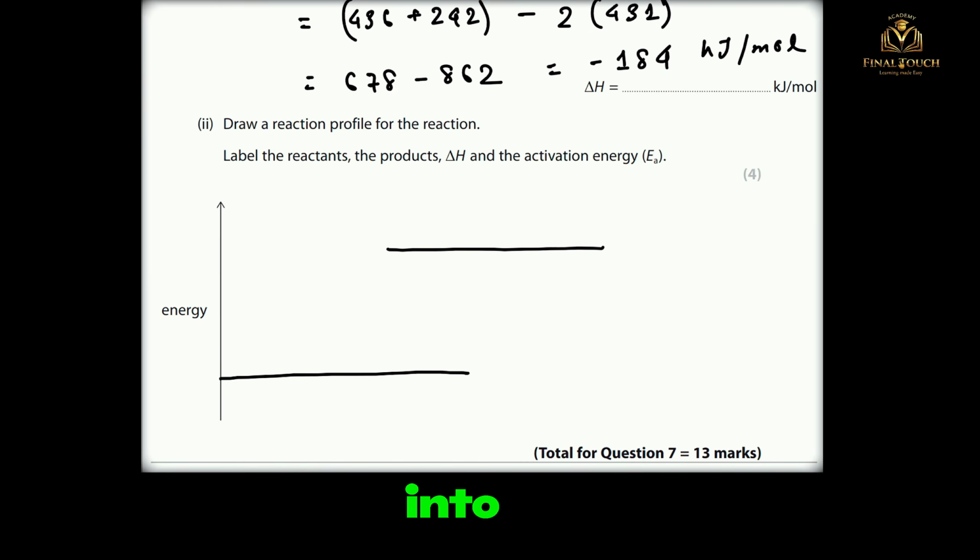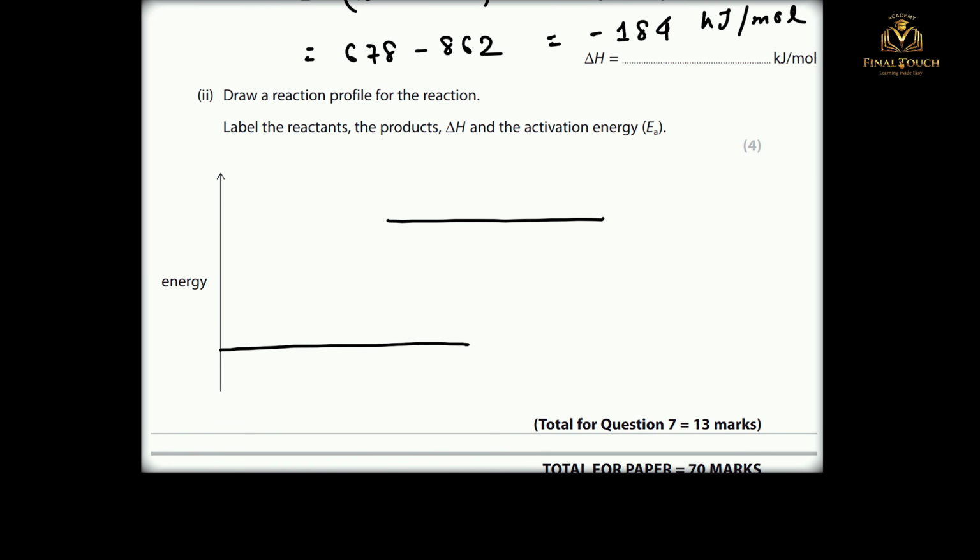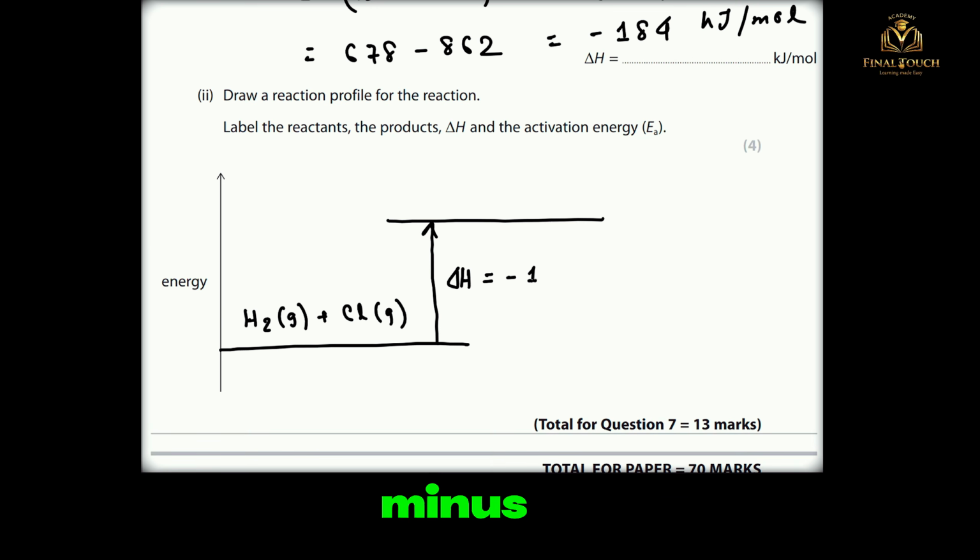So if we move into the question, we can just write H2 gas plus Cl2 gas, and we put an arrow. The ΔH we found was minus 184 kilojoules per mole, and we had 2 HCl as the product.